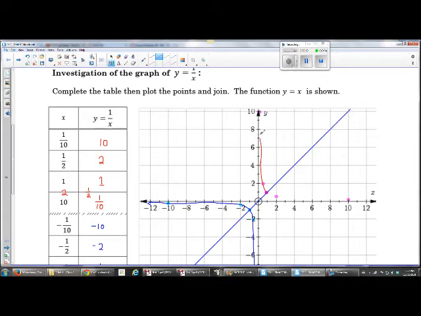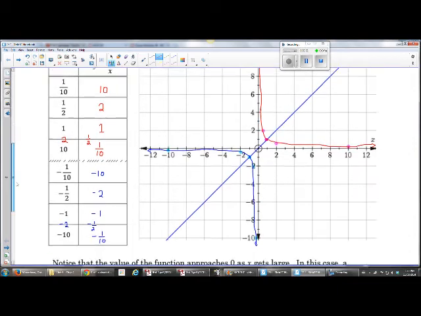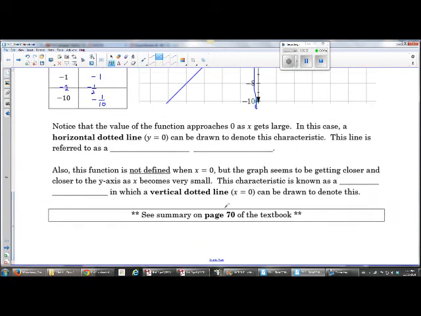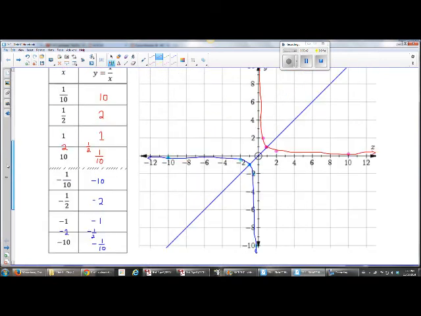So I should just go like that, and then close to the x-axis. It's supposed to be a nice smooth curve, gradually getting closer and closer to the x-axis, which I did not show very well here. But I believe there are examples of this in your textbook, perhaps around page 70. So that's basically what the reciprocal function looks like.